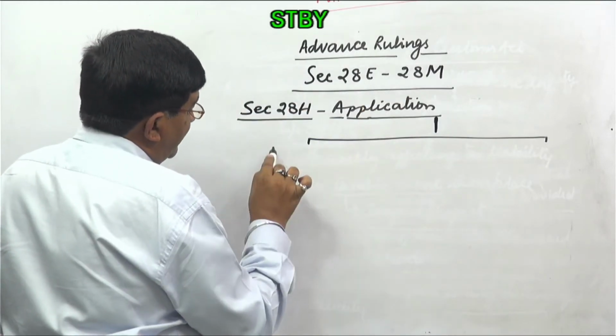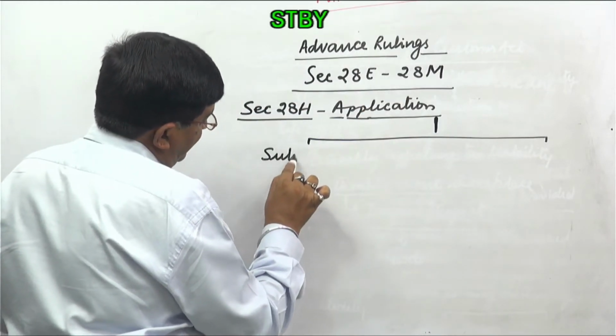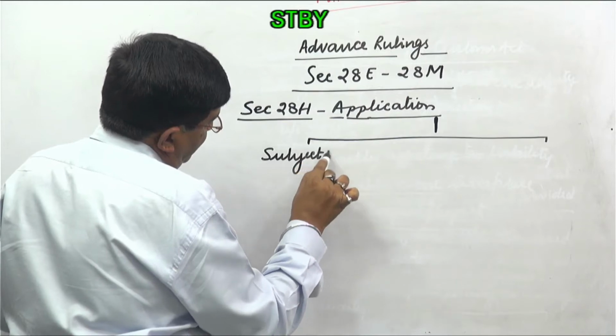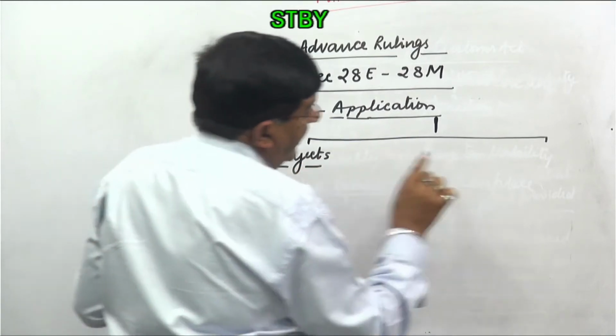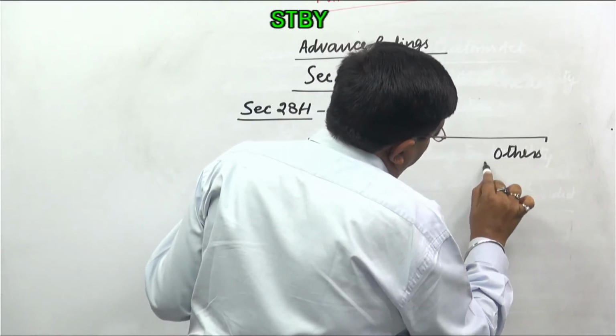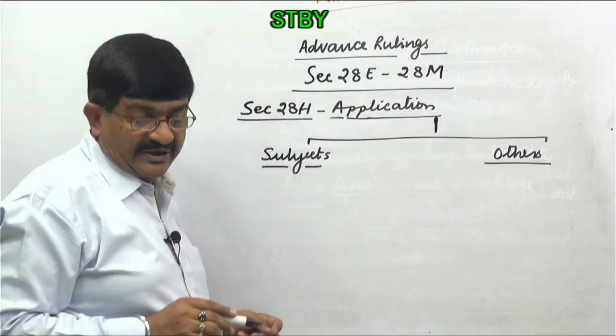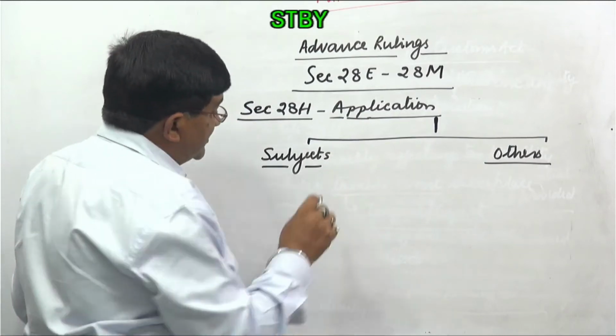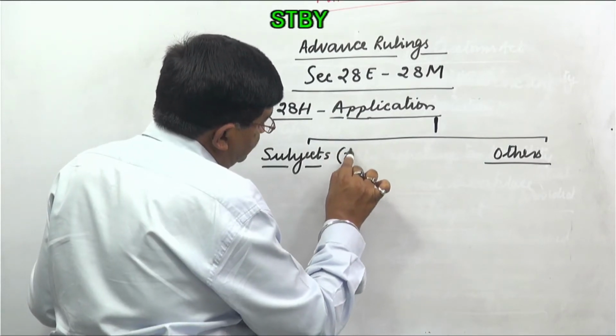Number one, here we can divide subject matters, subjects, and here we can say others. So in others, we'll write little later, subjects are covered under subsection 2.